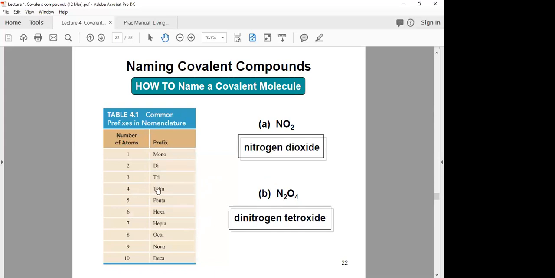Here it is, 4, we use tetra. Tetraoxide, no, because that contains the 2 vowels next to each other, the A from tetra and the O from oxide. So drop the A from tetra and the name simply becomes dinitrogen tetroxide, not dinitrogen tetraoxide.